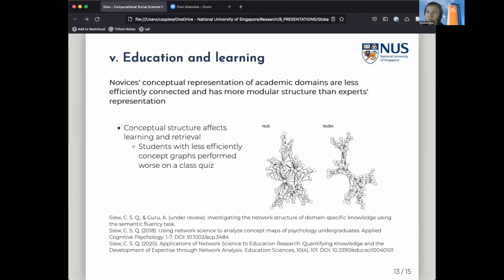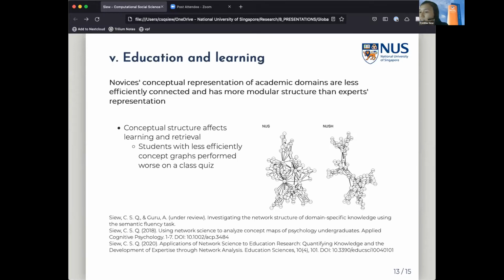So very simply, we apply the same task: just name as many concepts as you can with respect to a given academic domain, let's say psychology, let's say biology, anything. We use those fluency responses and reverse engineer to find the most likely semantic network structure. Then we analyze that structure using network analysis.